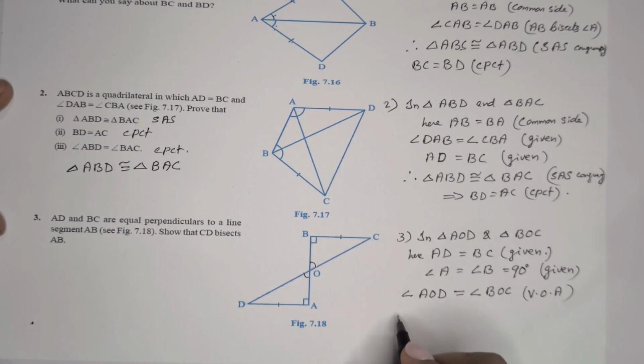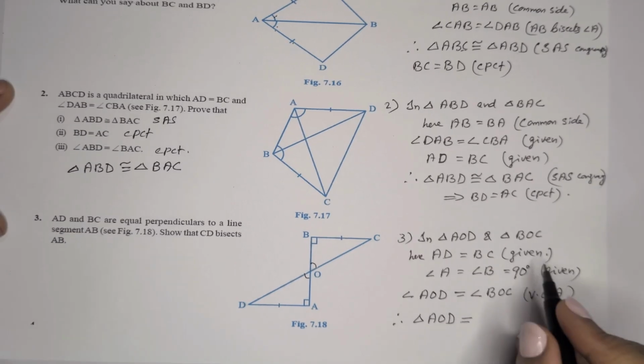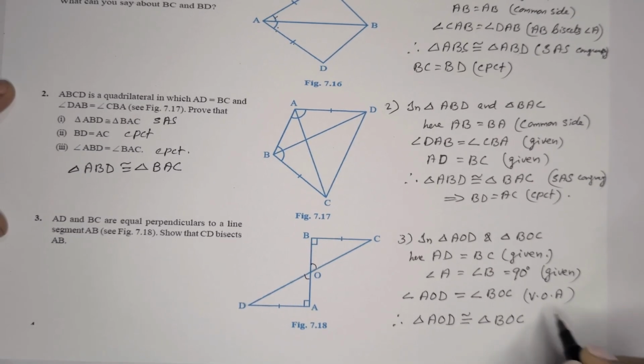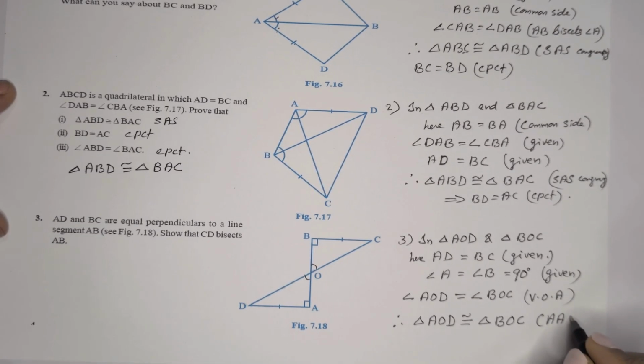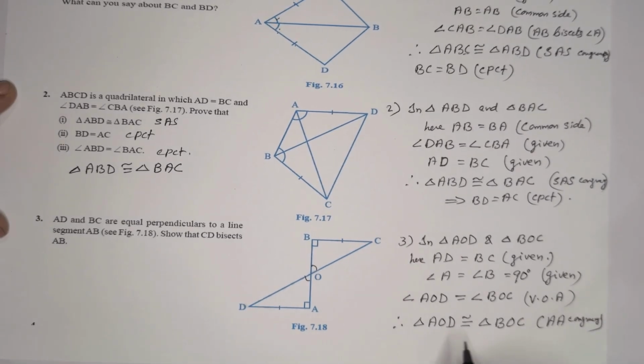Therefore, triangle AOD is congruent to triangle BOC by AA congruency rule.